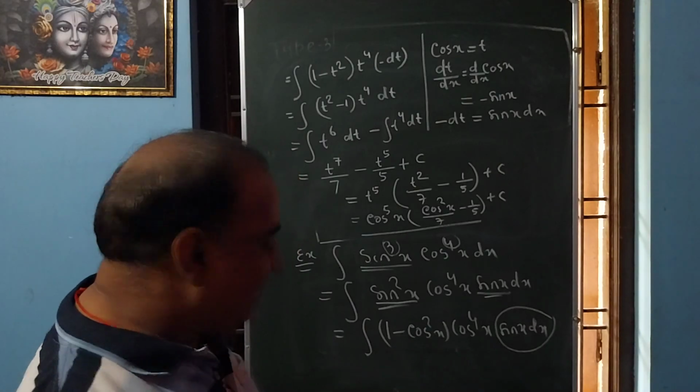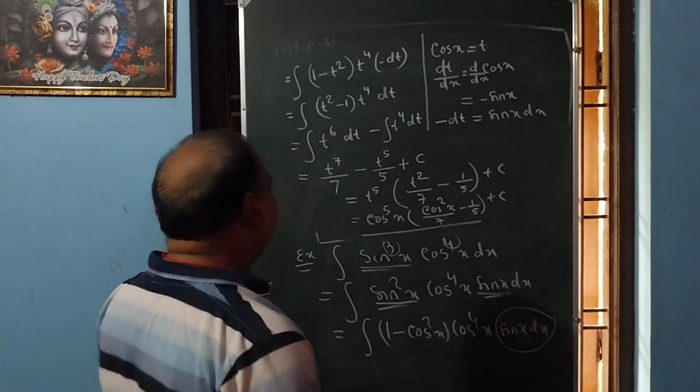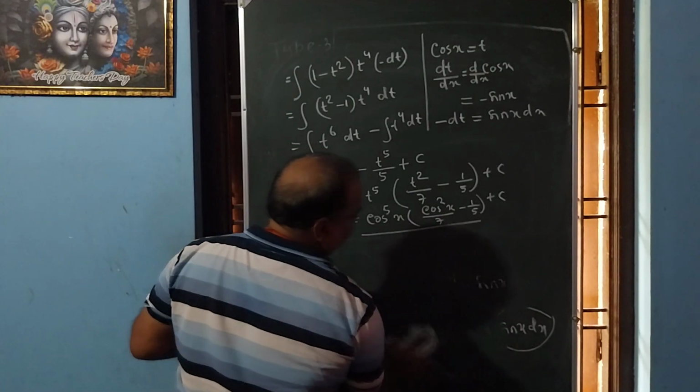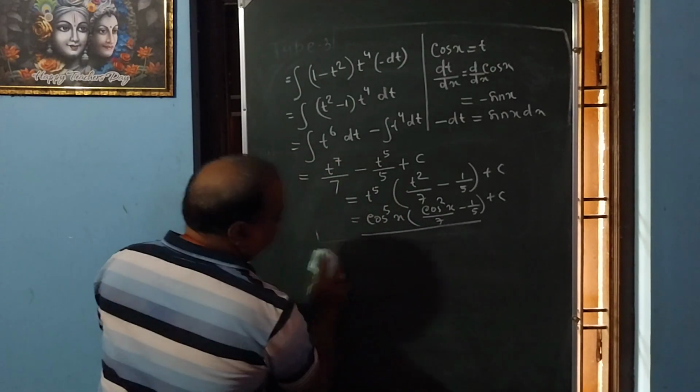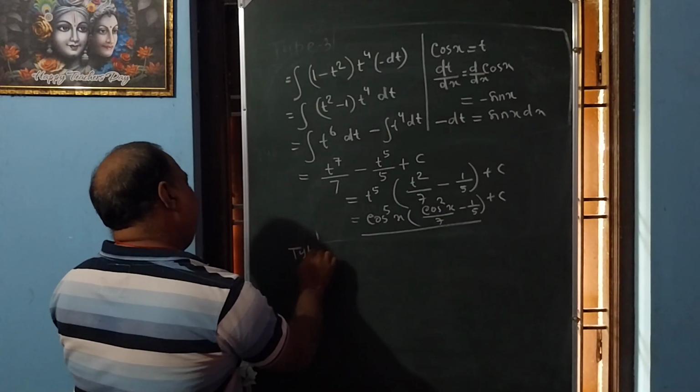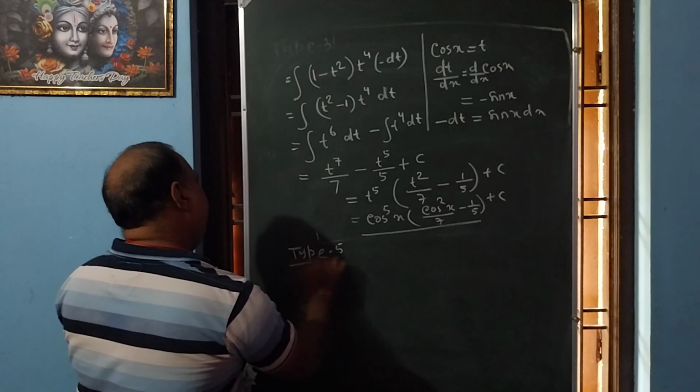Next, another type. Write down type number 5.